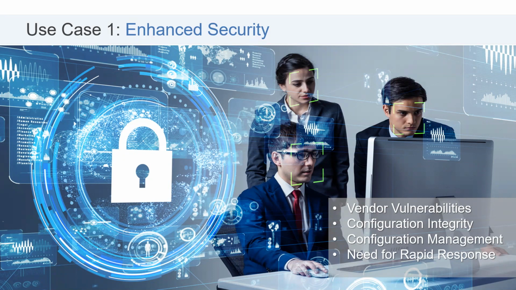So this kind of gets into the Gluware response to these things. Number one, you need to enable the automation, the operations and engineering team to be able to respond rapidly. For vendor vulnerabilities, our inventory and assessment allows you to inventory the devices you have on the network, understand what operating systems you're running, and do any reporting you need to do to see if you're running things that are out of your own policy.